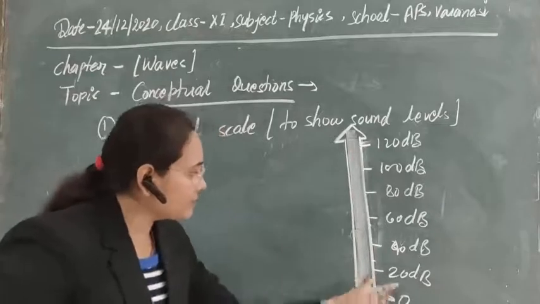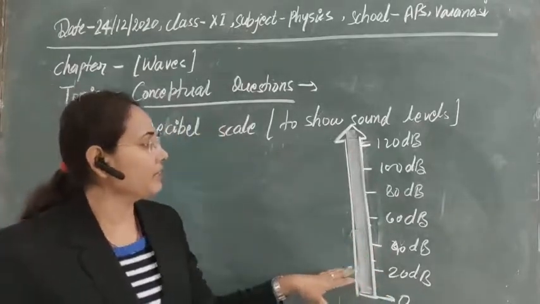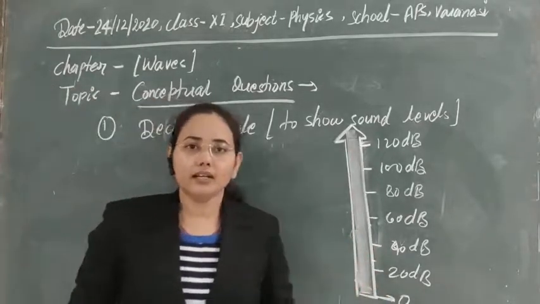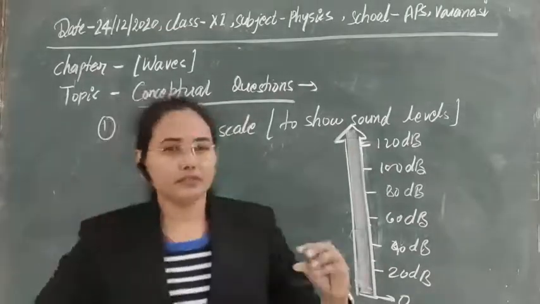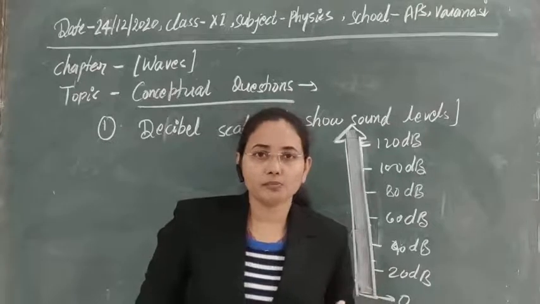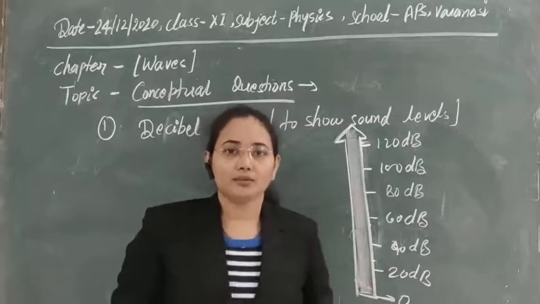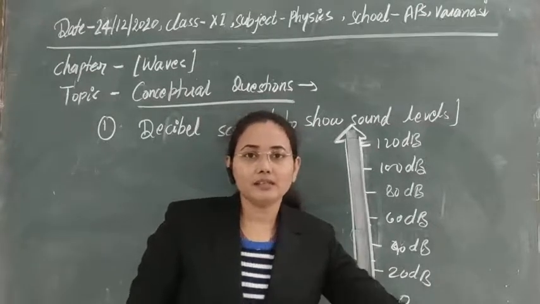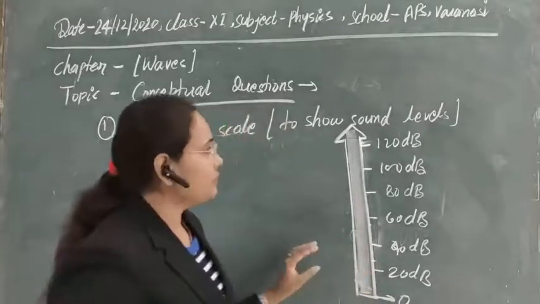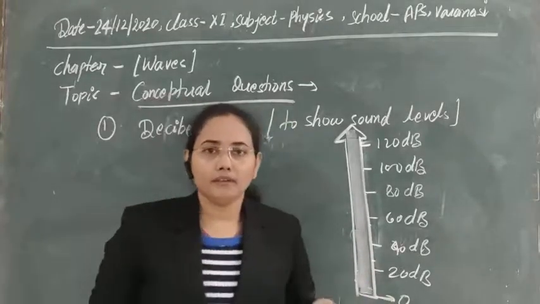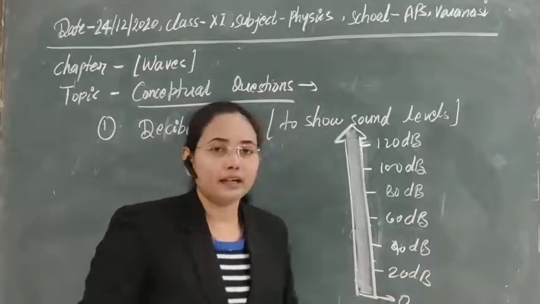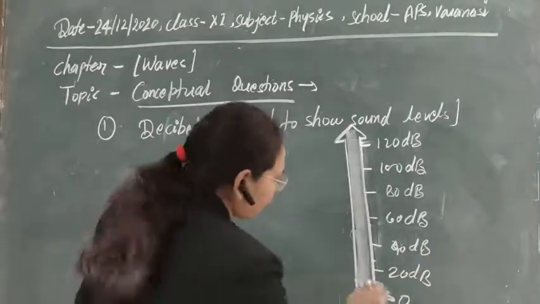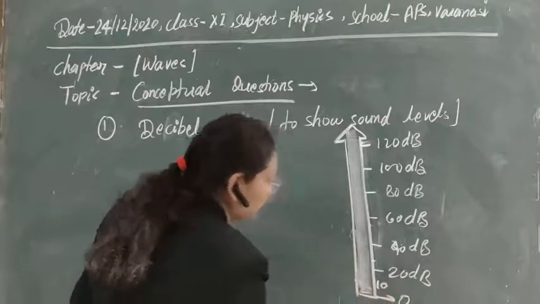So one by one, let's see where in our daily life we are observing different types of conditions. If we are whispering, meaning soft whispers we are using to communicate, then in the case of soft whispers the sound level is nearly 10 decibel. So soft whisper here will be 10 decibel.